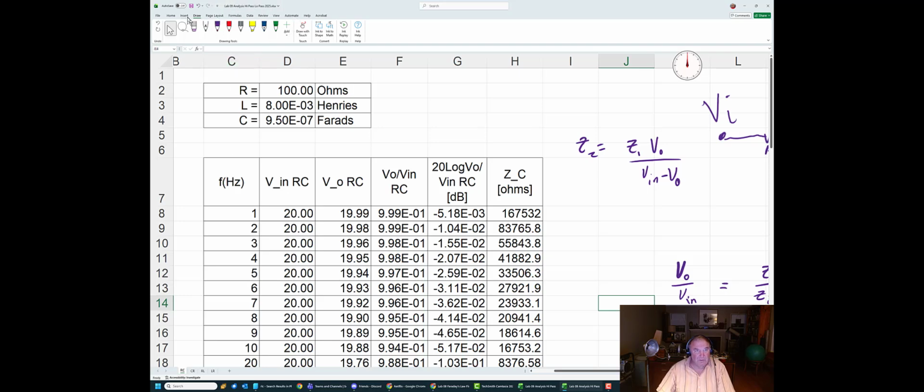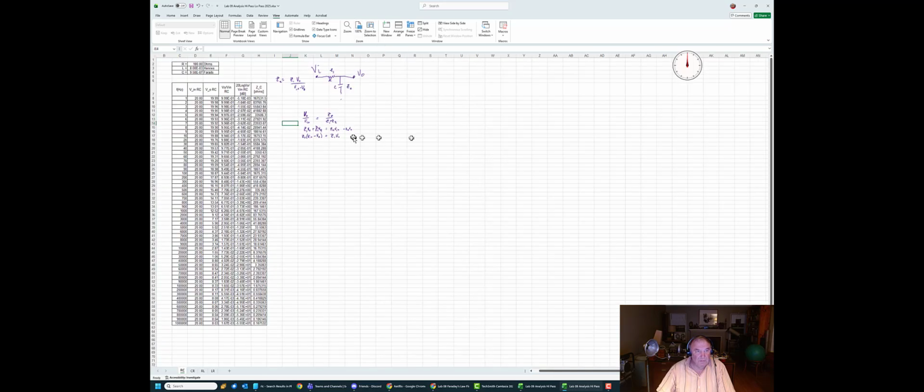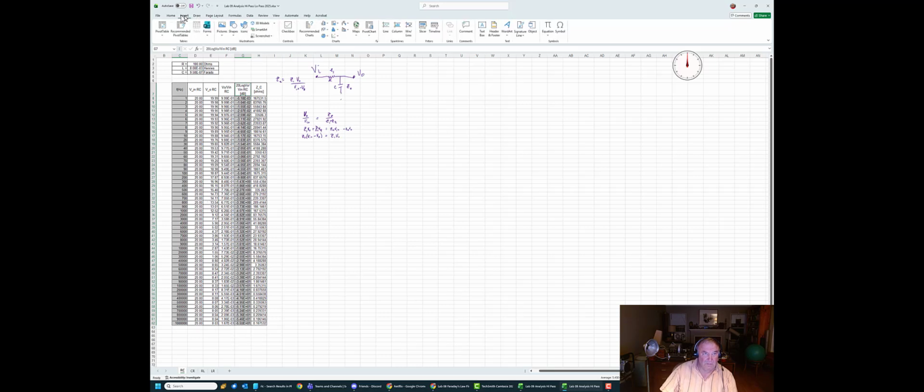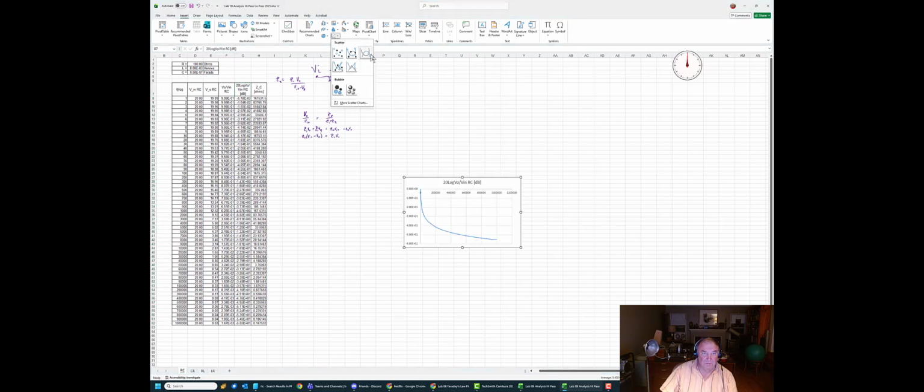We have two graphs for this sheet. Let's zoom it out. Okay. And so we want the frequency, and hold down the control key, and we want this. Now whenever we deal with frequencies, we're going to pick the smooth line, no points.